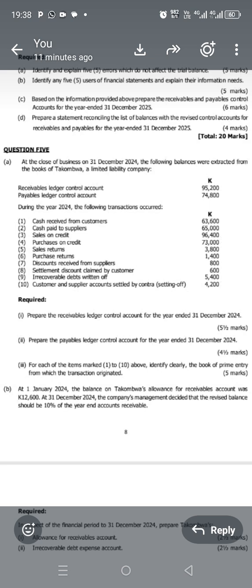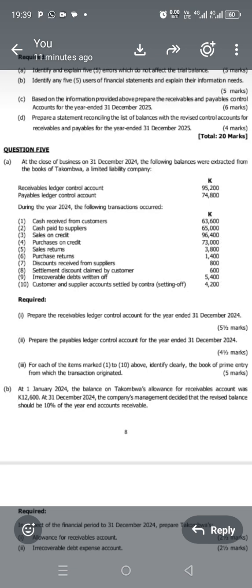Then we move to the next transaction. We have sales returns. So how are we going to deal with the sales returns? We've sold goods on credit to customers, meaning the receivable balance increases. Then now, someone has brought back the goods that we've sold on credit to them. So meaning the receivable balance is going to do what? It is going to decrease.